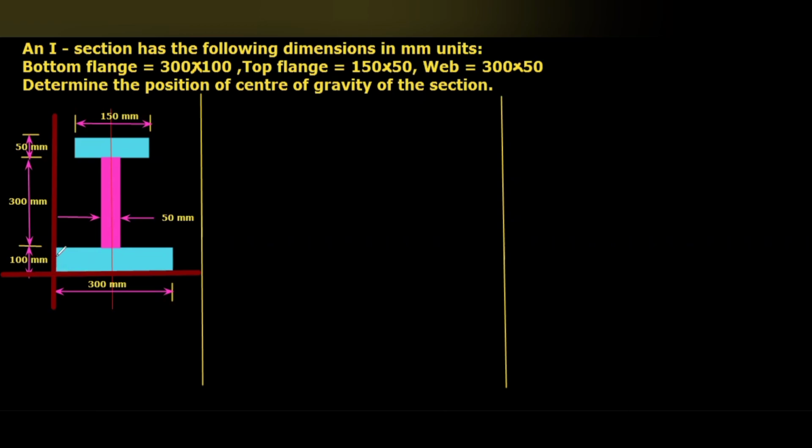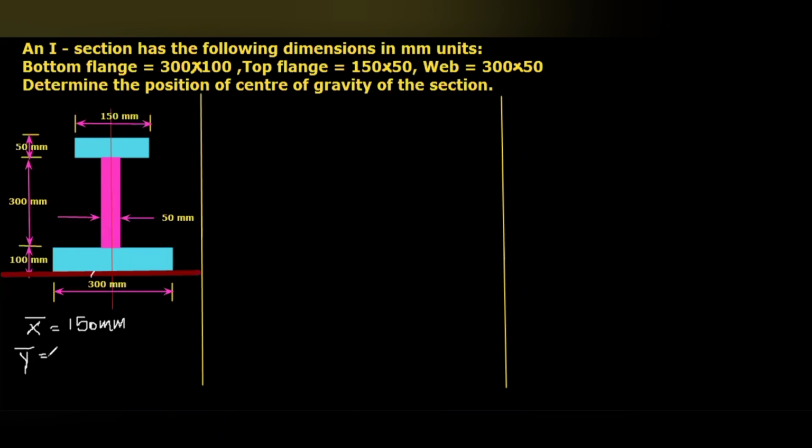So from the leftmost line, we can take the x bar value equal to 150 mm. So we don't need to calculate the x bar value since it is symmetric about the vertical axis. Then here we are going to calculate the value of y bar.